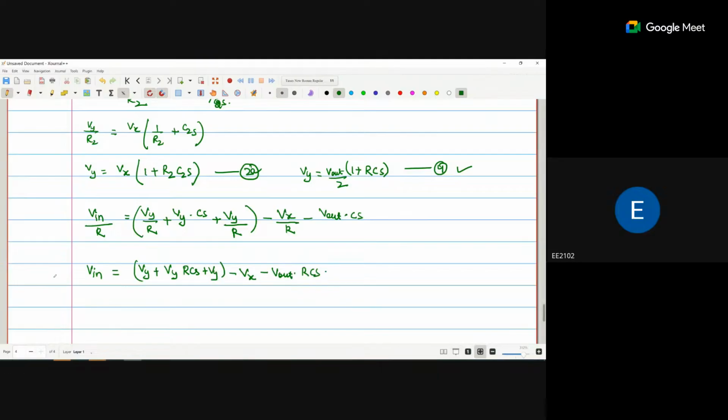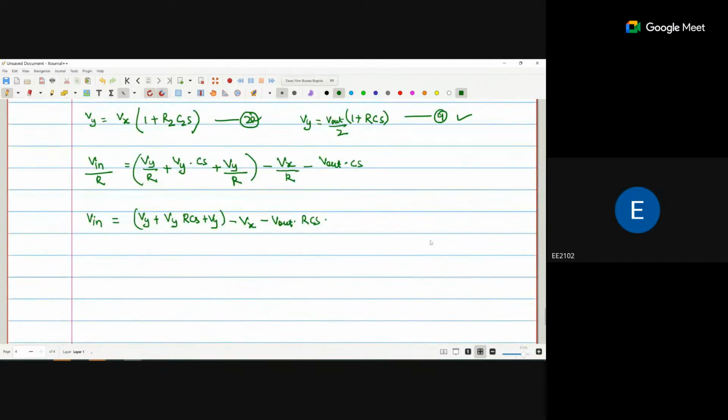Now put the value of Vy and Vx. So Vx is V out by 2, so this is minus V out by 2 minus V out times RCS.